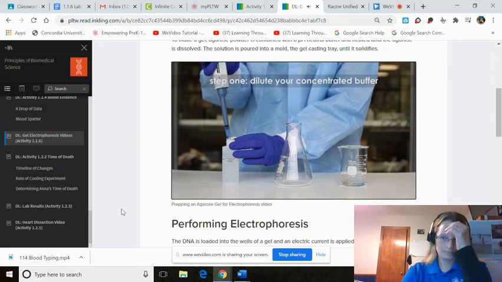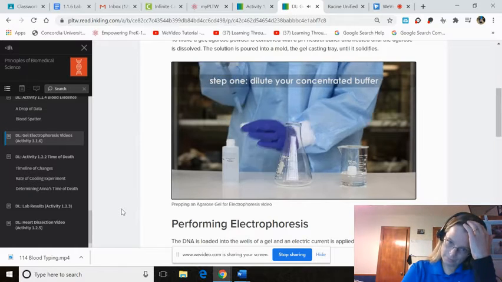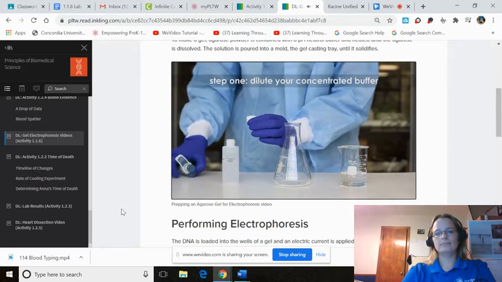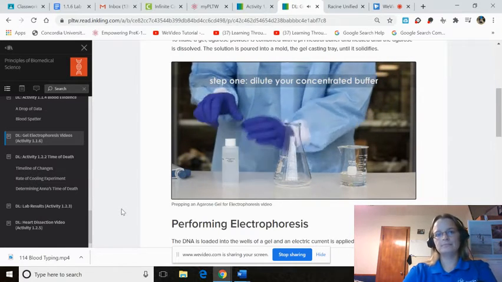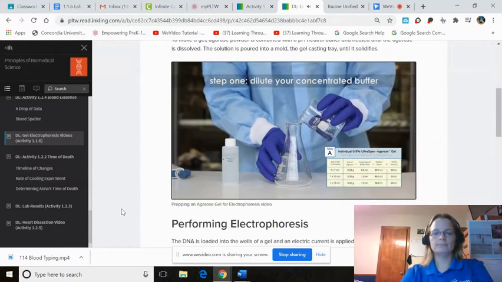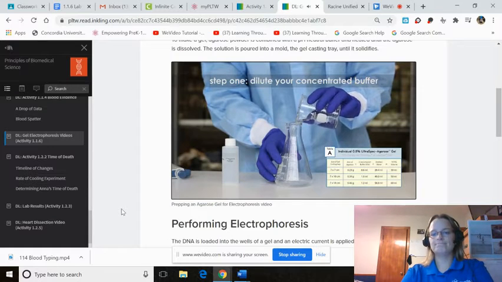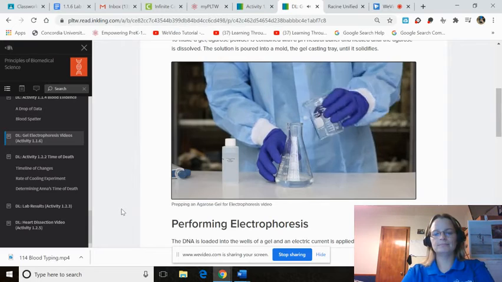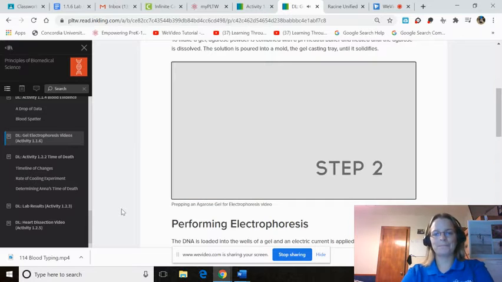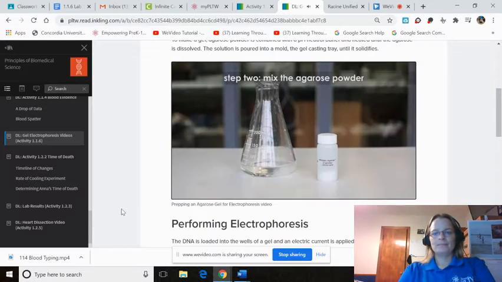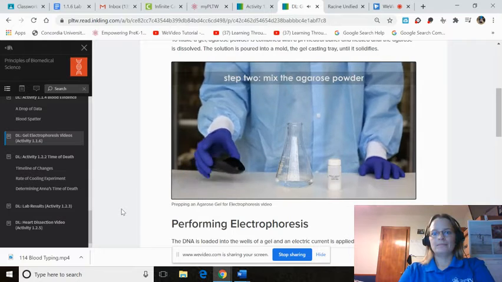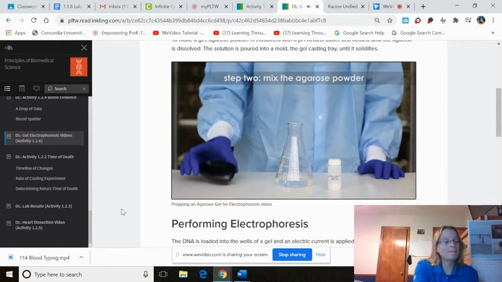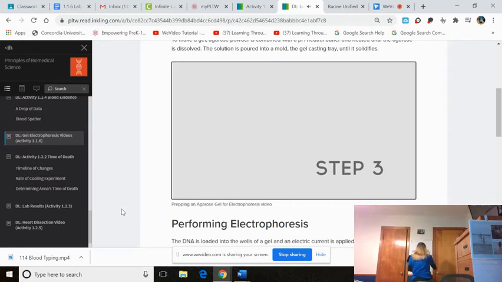Dilute your concentrated buffer to store the video as well. Refer to Table A for the specific amount referring to your casting tray size. Step 2. Mix the alcohol buffer solution with a 250 milliliters. Step 3.